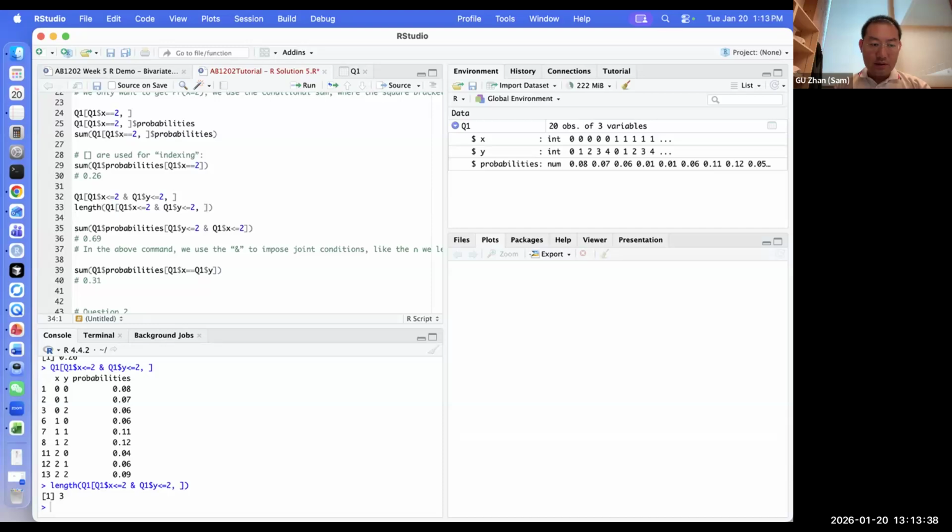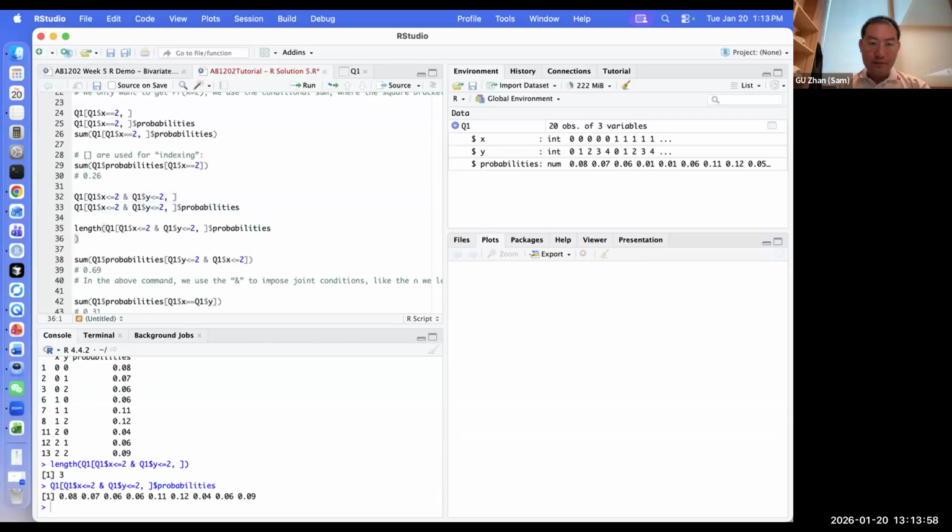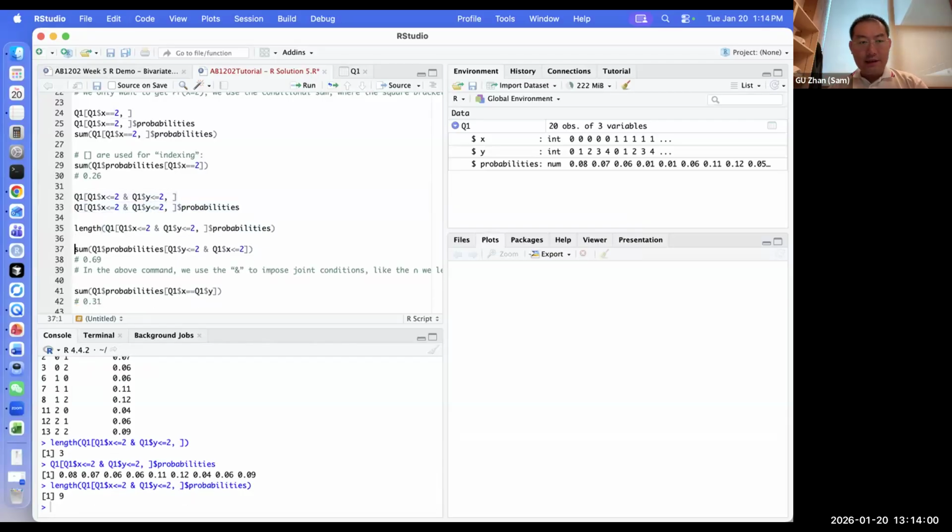Not 3, sorry, 3 tells you how many variables there are. I need to add the probability here, because I'm interested in the probabilities. I'm going to find the length of this probability, and it has actually 9. So there are 9 of them.